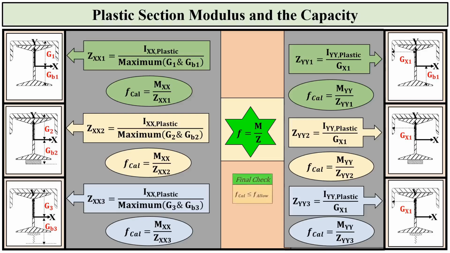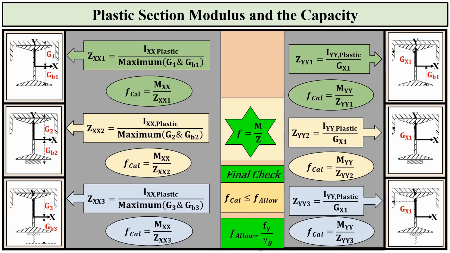Finally, look at the center of the slide. The core principle of our design is highlighted in the green star: stress equals moment divided by modulus. In our final check, we must ensure that the calculated stress, F, cal, is less than or equal to the allowable stress, F, allow.